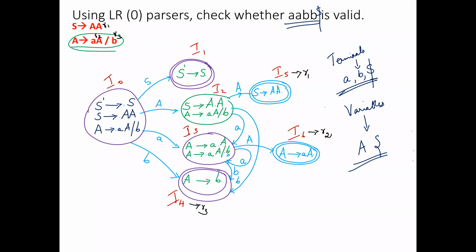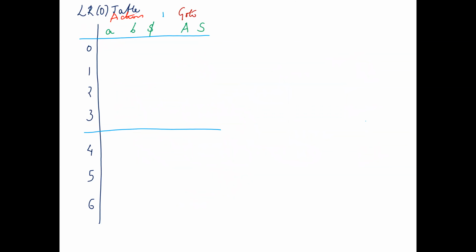Let's see, where do you reach? 0 through small a, you are reaching 3. So you write over here S3. Why we are writing a capital S, I will tell you later. It is actually for shift. It means shift. That is why you write S3.